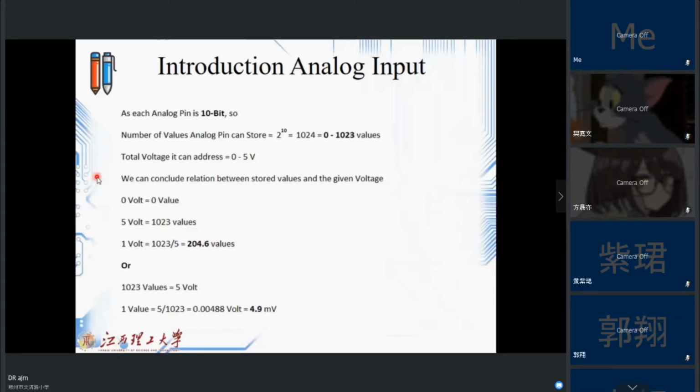And the voltage addressed is 5 volts. We can conclude a relation between the stored value and the voltage at my analog pin, and then measure it. What should I do? It's very simple. You will see that 0 volt is equal to value 0, and 5 volts is equal to 1023.